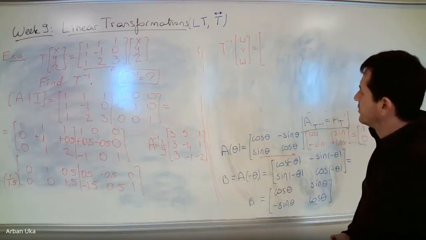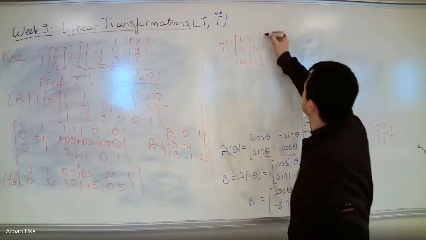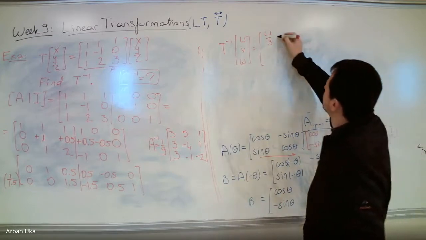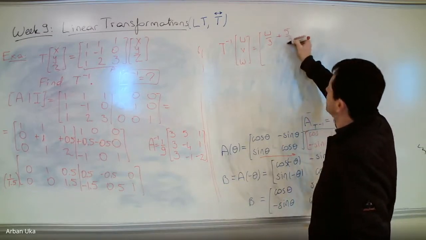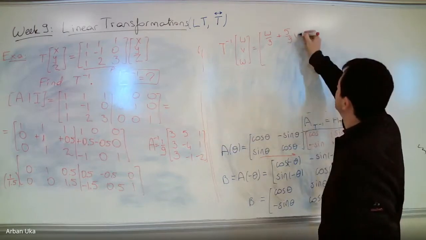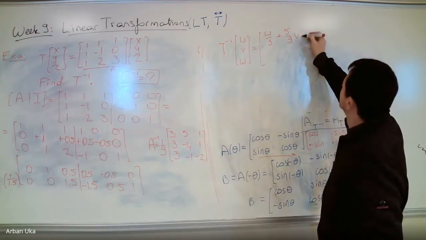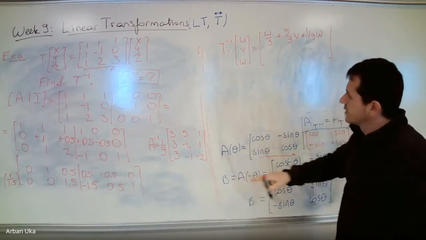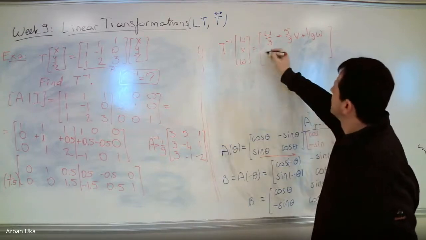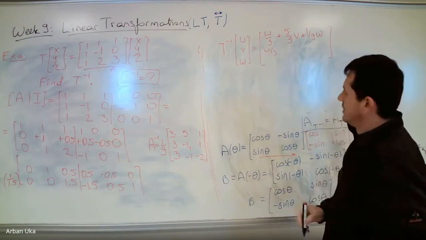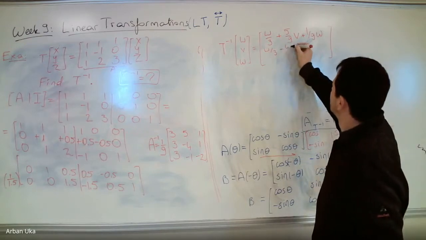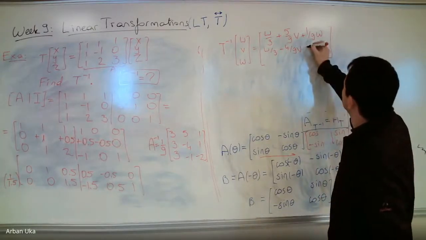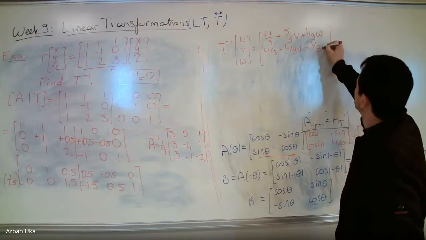This is going to be 1 over 9 times 3, so we can do this: u over 3 plus 5 over 9 v plus 1 over 9 w. Then the second row would be, again, u over 3 minus 4 over 9 v plus 1 over 9 w.